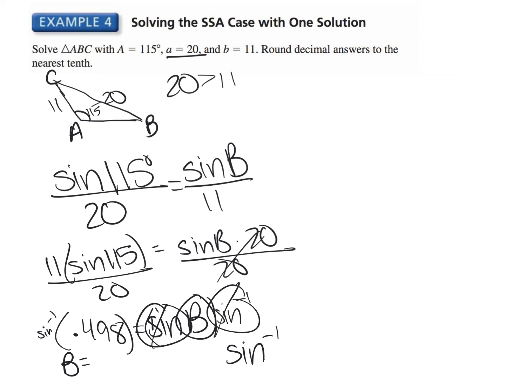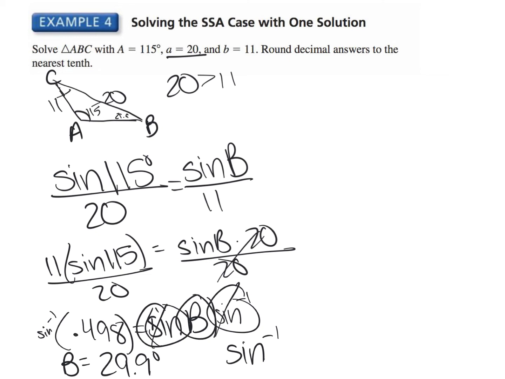So once you do that, B will equal, rounded, 29.9 degrees. Please try that in your calculator right now and make sure you get 29.9 degrees. Don't move on until you have made sure you do this. Okay, so now we know our angle B, 29.9.